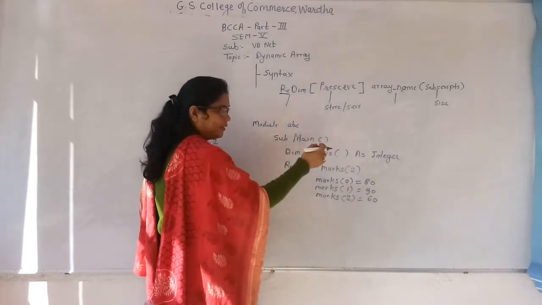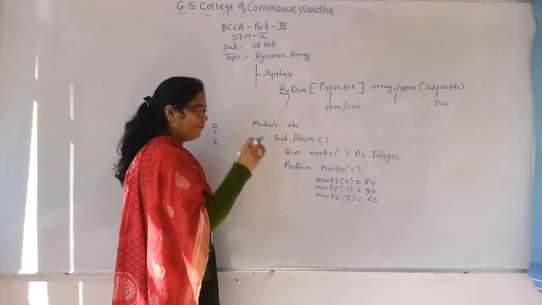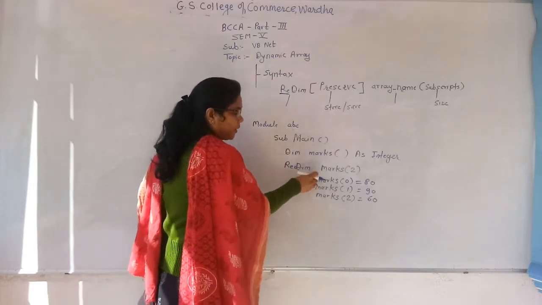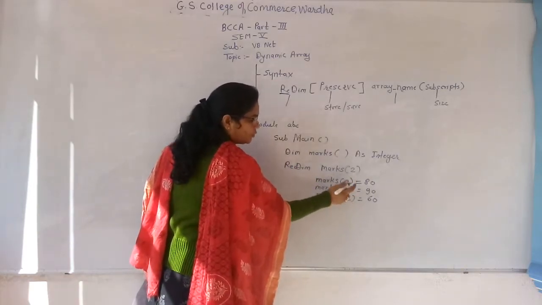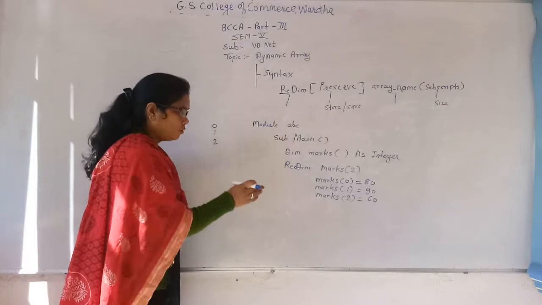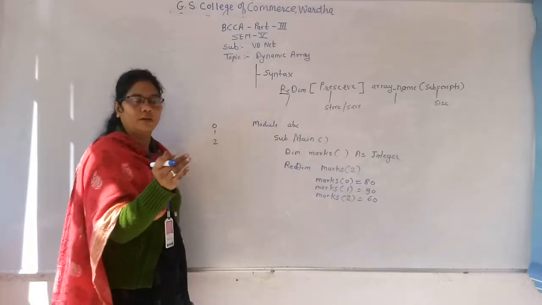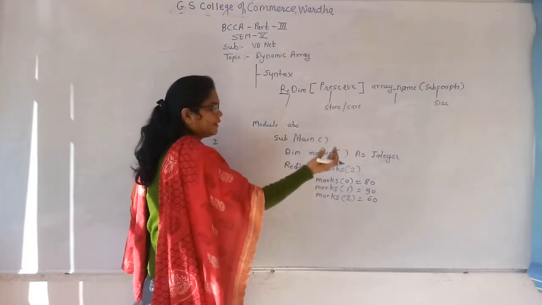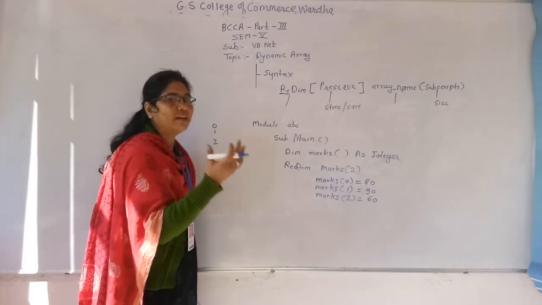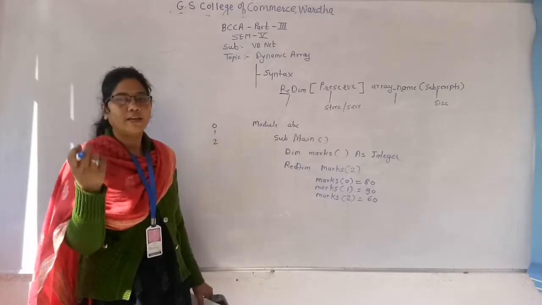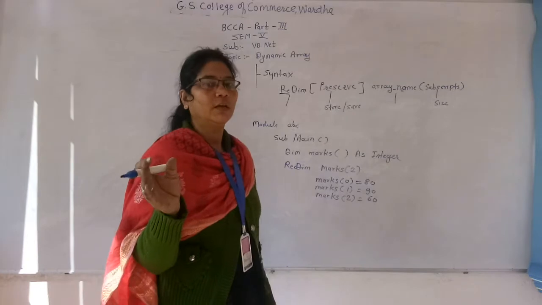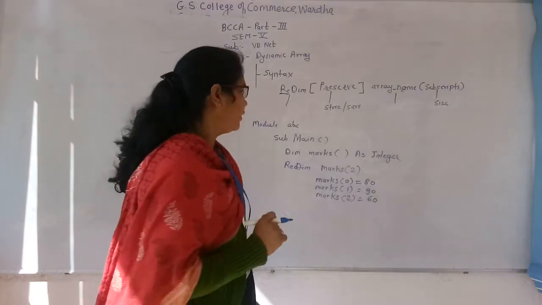Now we can directly assign integer values to the marks array by position. It is also a statement, a direct initialization of elements to the array with the reference number, that is nothing but the index.